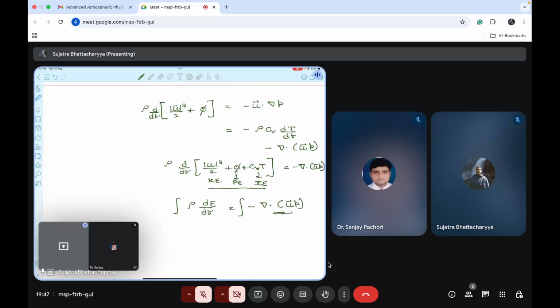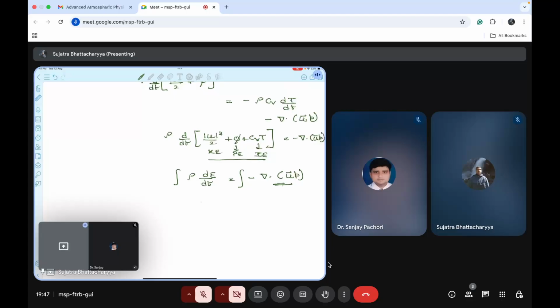There we say that energy conservation exists. So in the global scale, it exists, but materially it is not conserved. So total energy is not materially conserved.